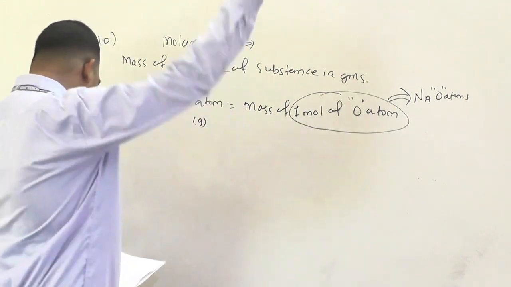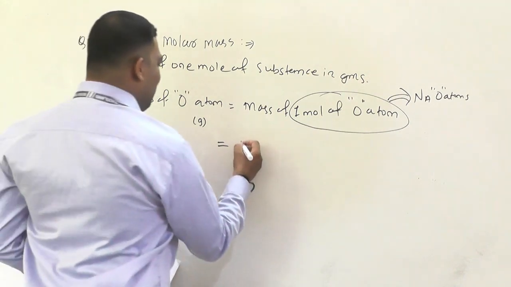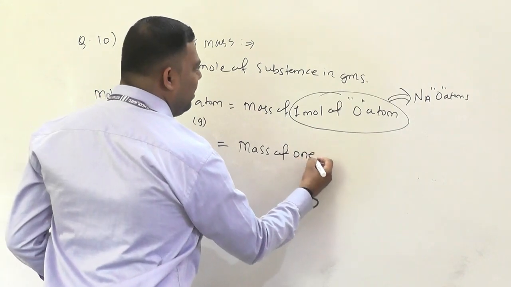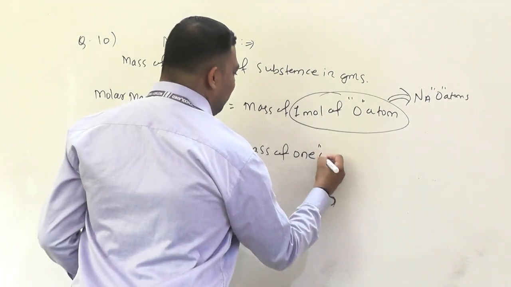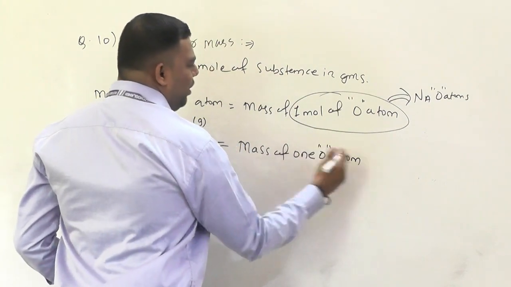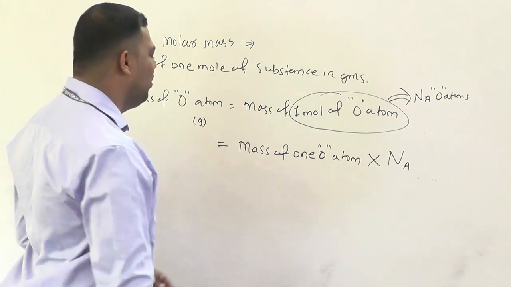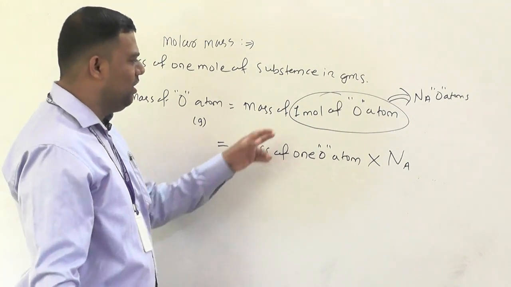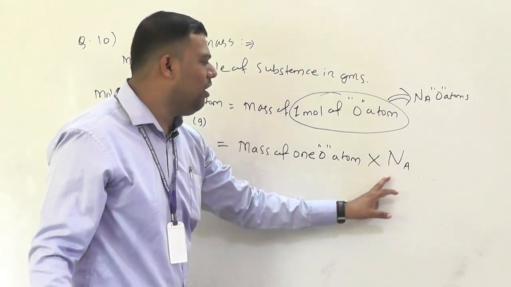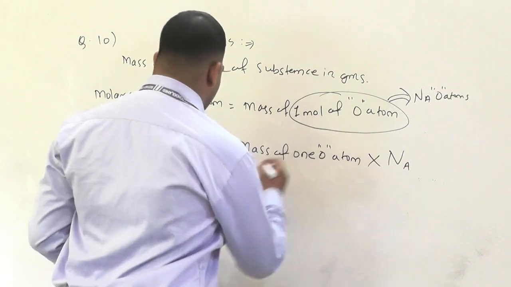Now how can we calculate this? Mass of 1 oxygen atom into Na, where Na is the Avogadro number. So mass of 1 atom of oxygen into Na.